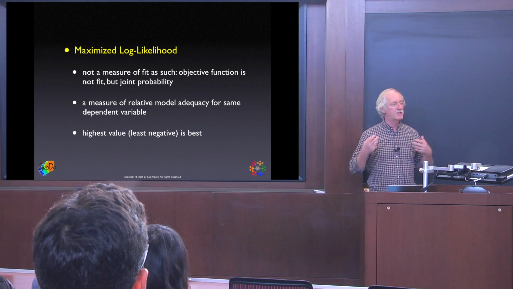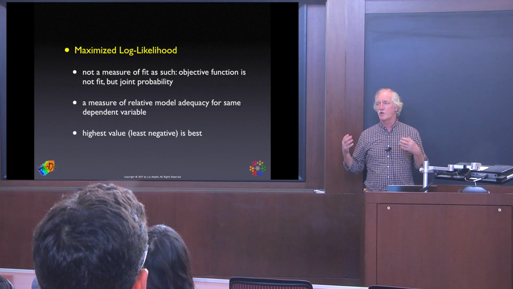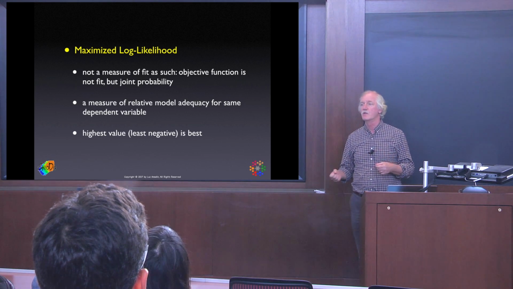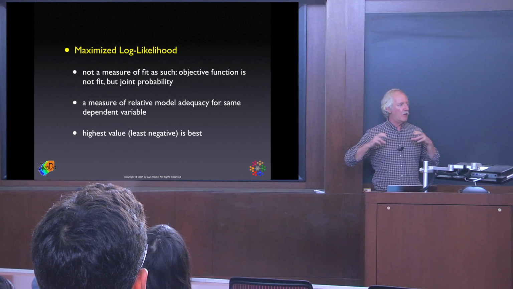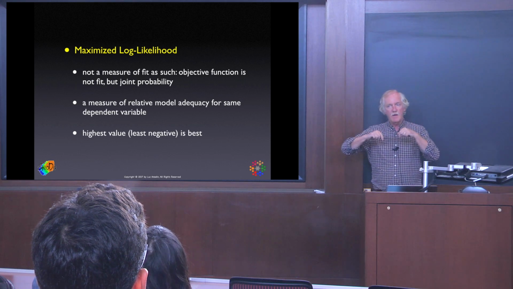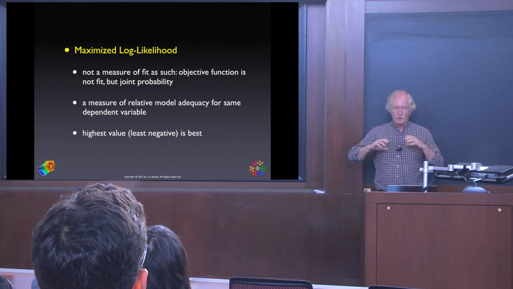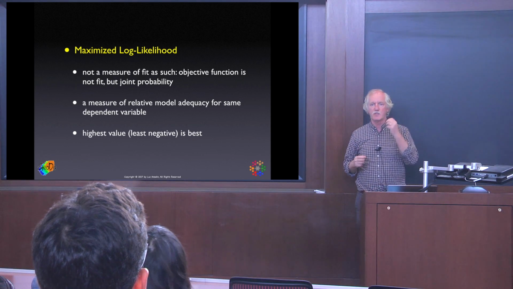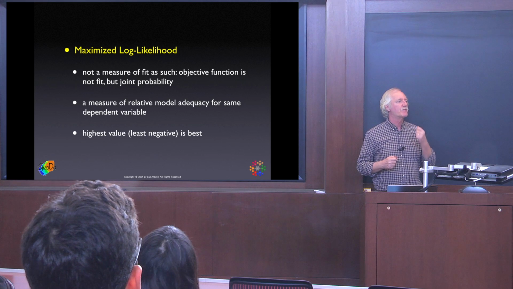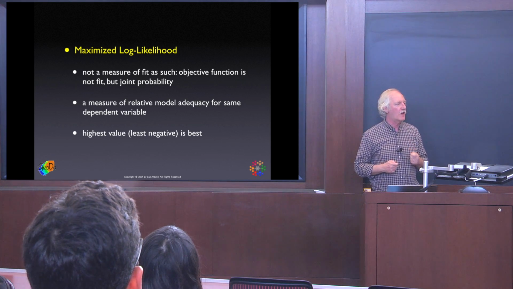So you can think of it the same way in terms of comparing these log likelihoods. And because they all pertain to the same dependent variable, they're all in the same scale. So as long as you're comparing different alternative models for the same dependent variable, you can compare the log likelihood.